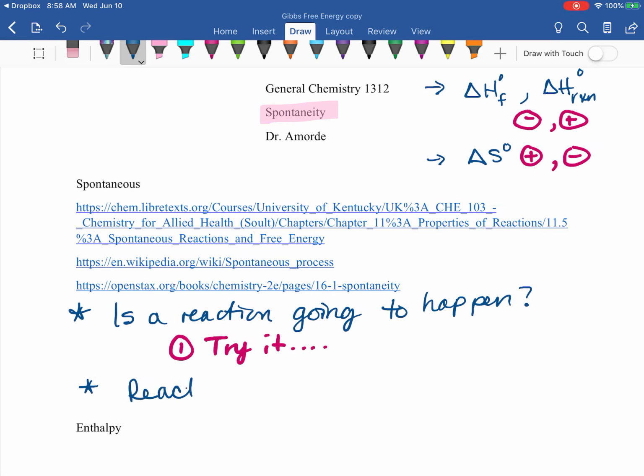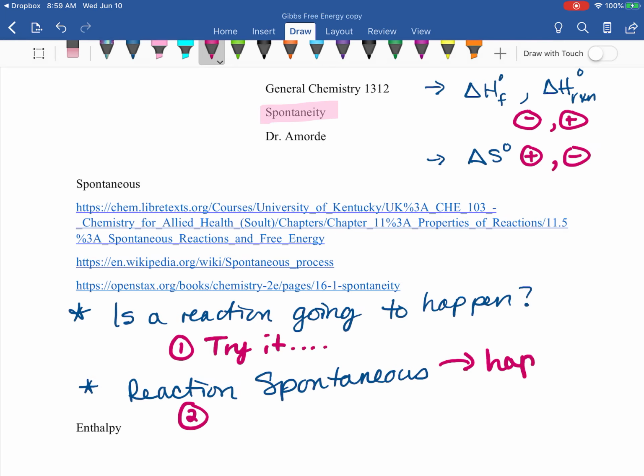Is that reaction spontaneous? And that is actually all about energy. And let's actually spell it right. Is that how you spell spontaneous? And so this second one is something we can actually calculate. If a reaction is spontaneous, that means it's going to happen without your help.